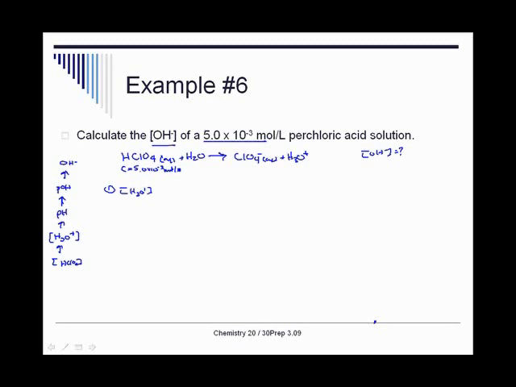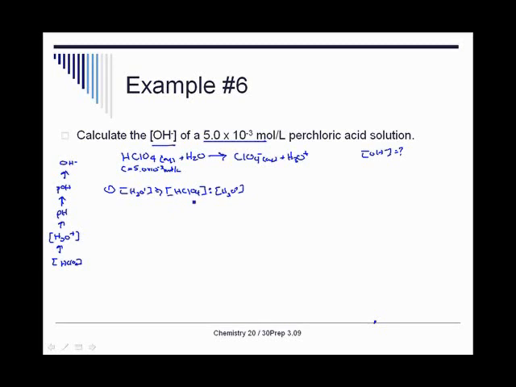Now, because we have a 1-to-1 ratio, our concentration of HClO4 is at a 1-to-1 ratio with the concentration of H3O plus.